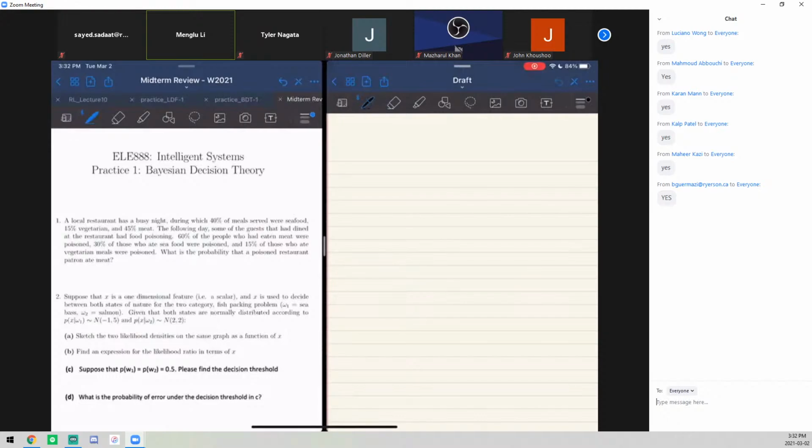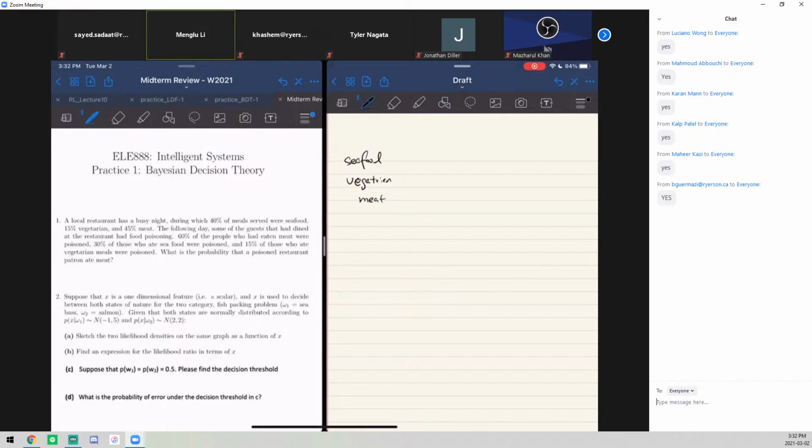For the first question, they give us 3 types of meal, so there are 3 cases: seafood, vegetarian, and meat.